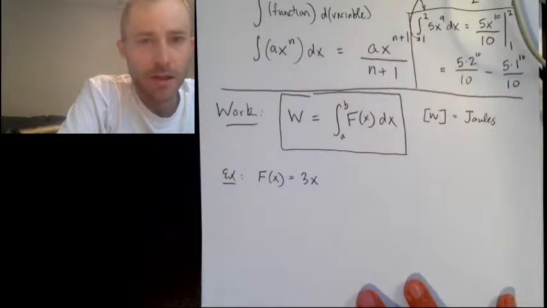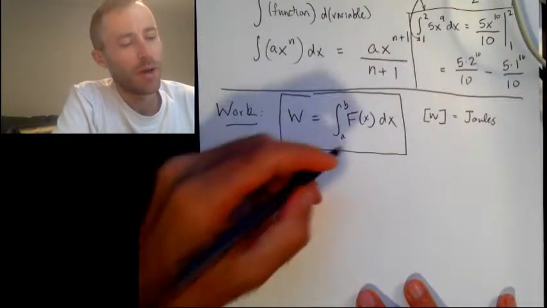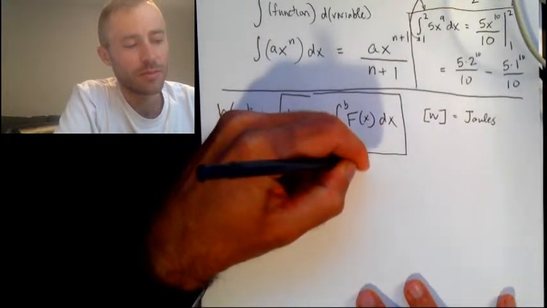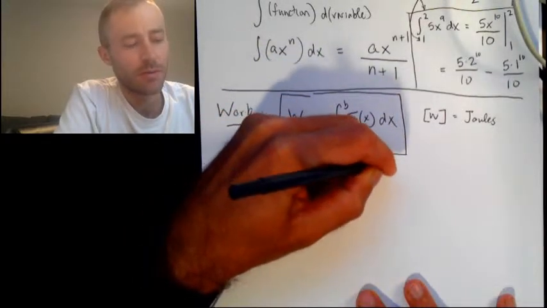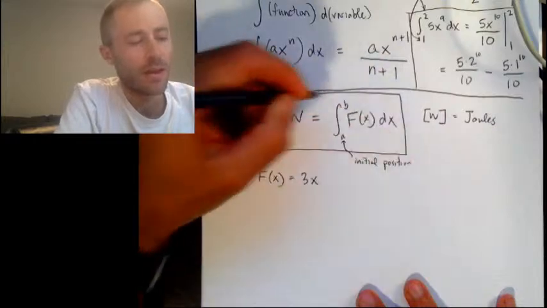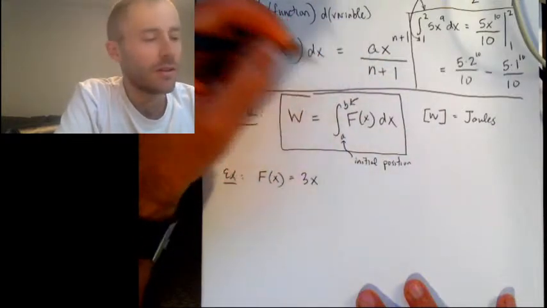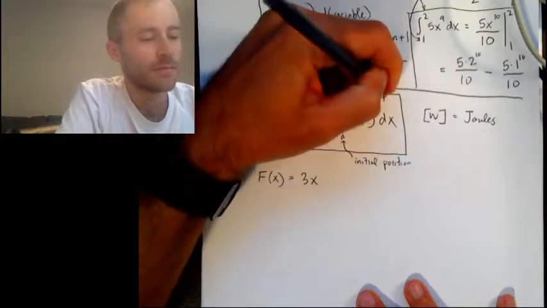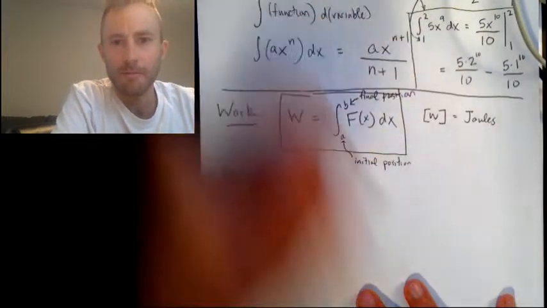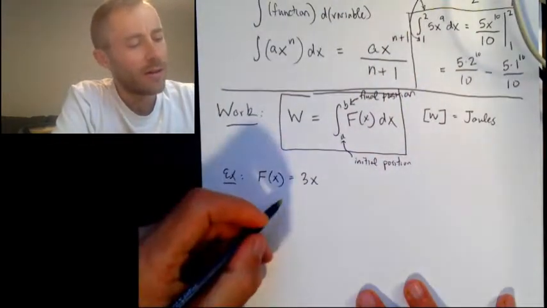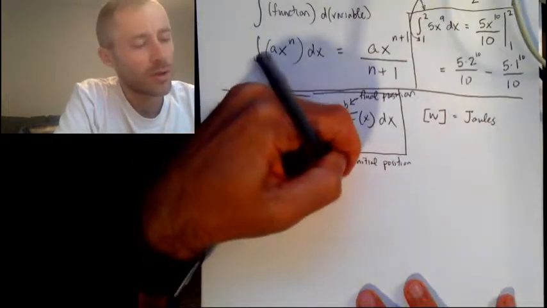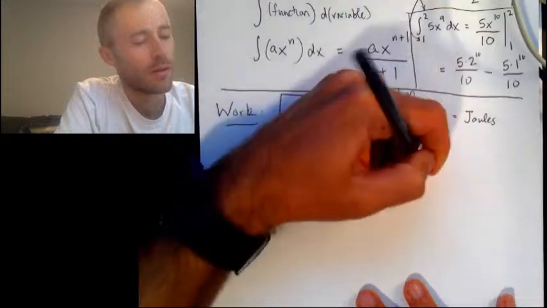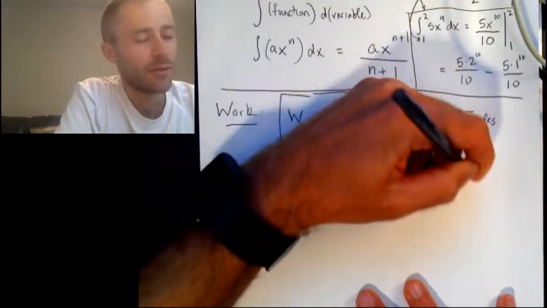By the way, I should say A is going to be the initial position of the particle, and B is going to be the final position. Calculate the work done by this force.